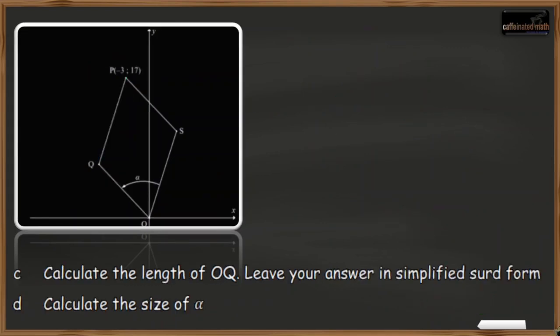So, calculate the length of OQ, leaving your answer in simplified surd form. Well, the question over here is, do you remember the distance formula? Because properly applied and substituting the values in, you'll just get 0 minus minus 5 all squared plus 0 minus 5 all squared.